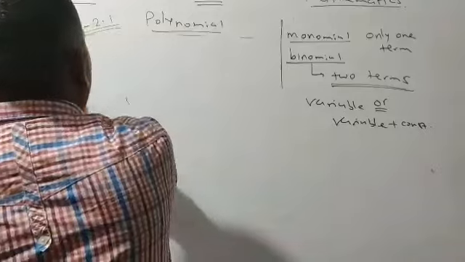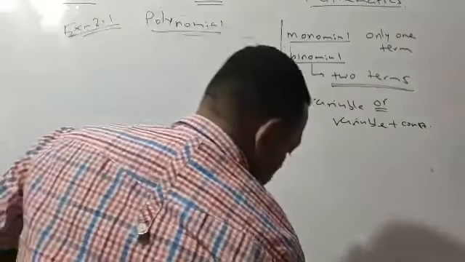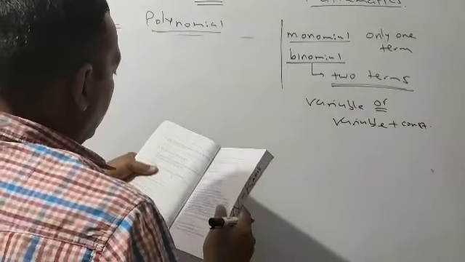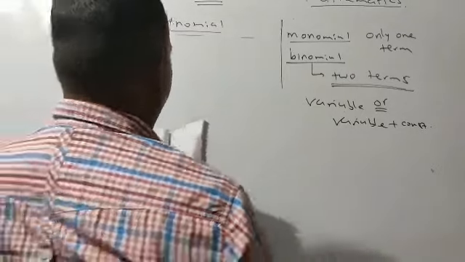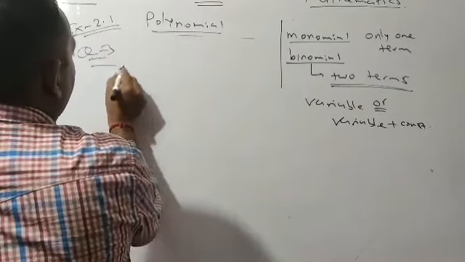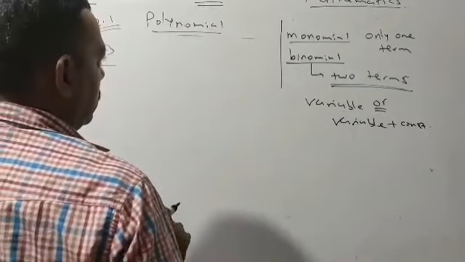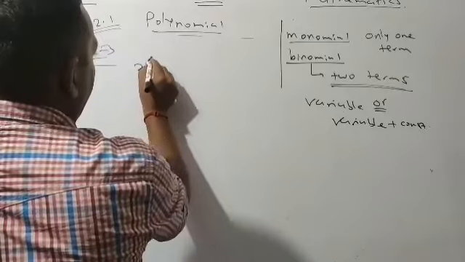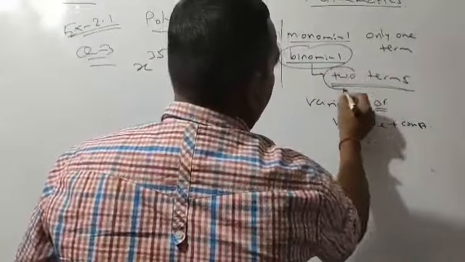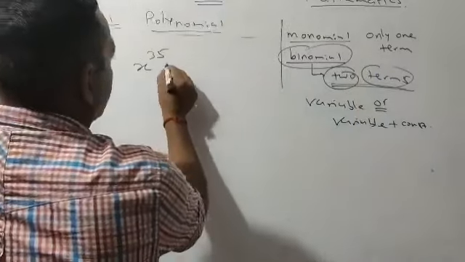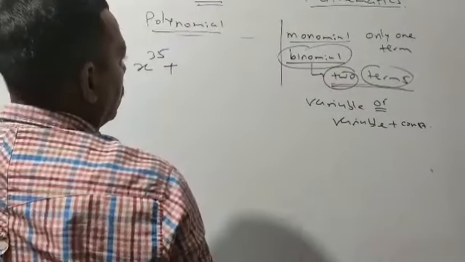In question number 3, the question is: write one example of a binomial of degree 35. Now, we know that degree 35 means the highest power is 35. So we will write x raised to 35. But due to binomial, there are two terms, so one more thing you have to write.